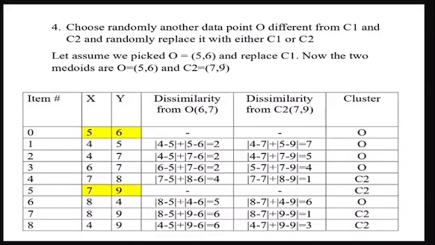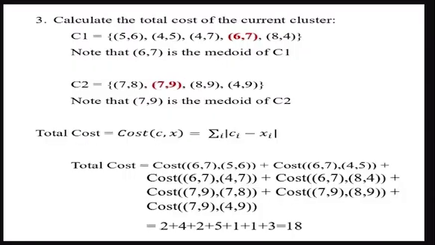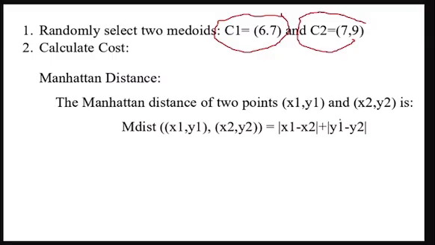Now, I want to switch. Initially, please pay attention, this is what we have. 6 and 7 is the medoid for the first group, and 7 and 9 is the medoid for the second group. If I want to switch, I'm not going to switch 2 of them at the same time. I'm going to start with C1. Instead of choosing 6 and 7, I want to choose something else.